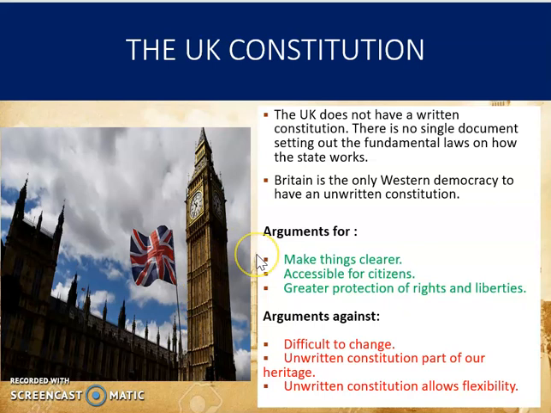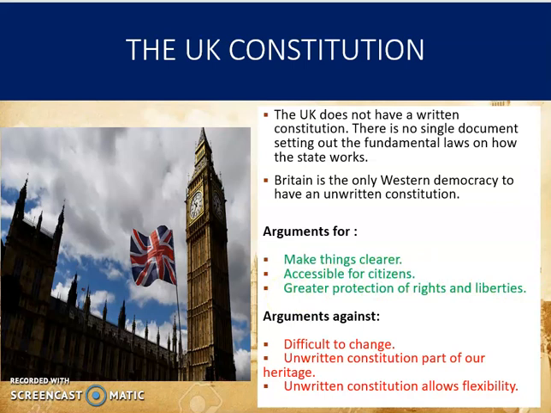One of the most important arguments in favour of having a written constitution is the fact that enshrining our constitutional laws and customs in one document would provide clarity for those working within the system and those who wish to scrutinise it.